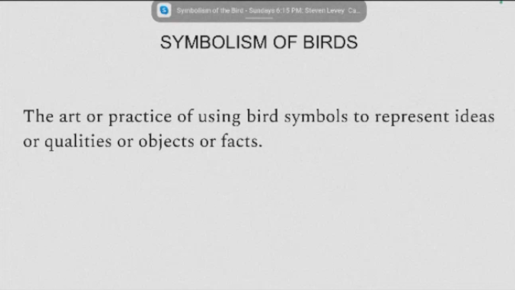Now, coming to the symbolism of birds, which is the topic under consideration this evening, we can apply the same definition of symbolism in a limited sense to use the birds as symbols to represent ideas, qualities, objects, or facts.